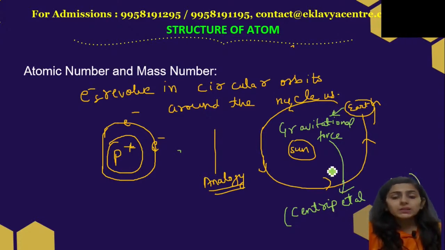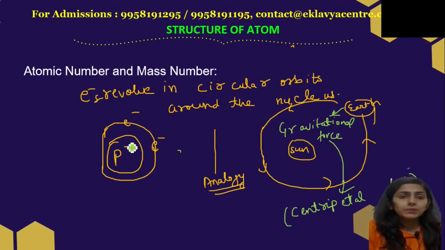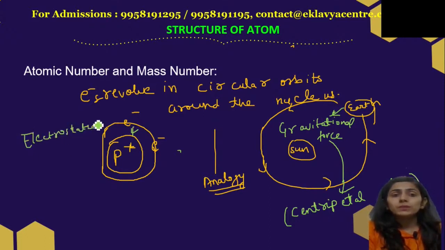Clear? Similarly here, electrons and protons are oppositely charged. So the proton applies electrostatic force. You will study this electrostatic force of attraction in class 12th. Whenever two opposite charges are present, there is an electrostatic force of attraction.